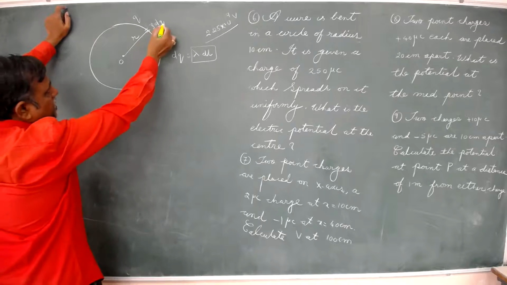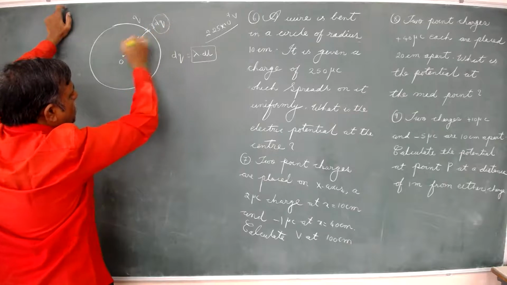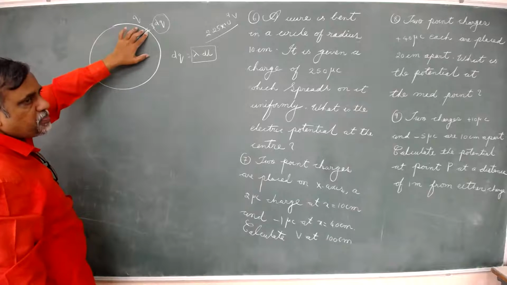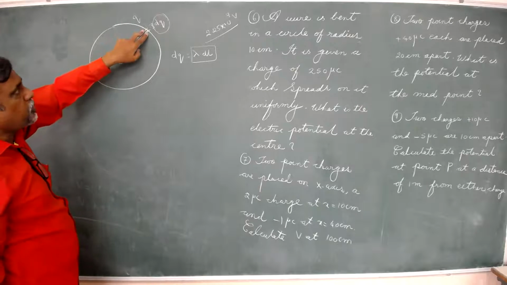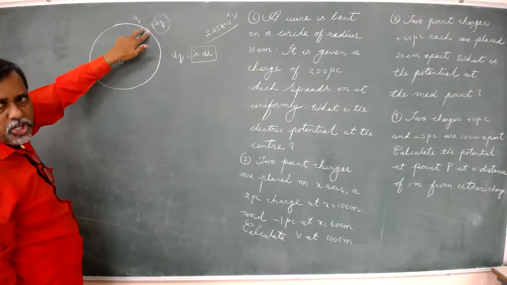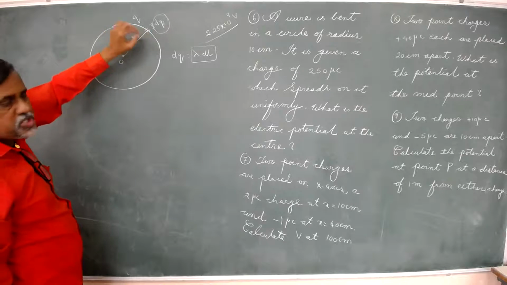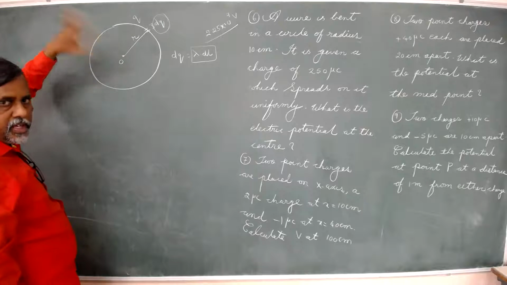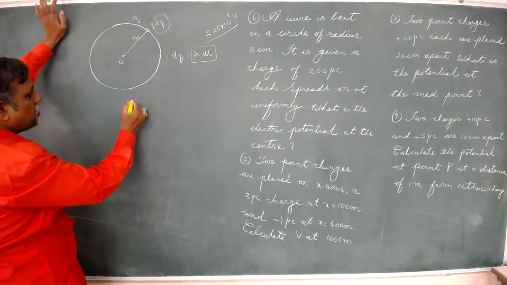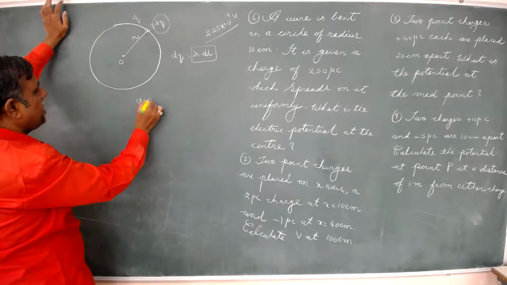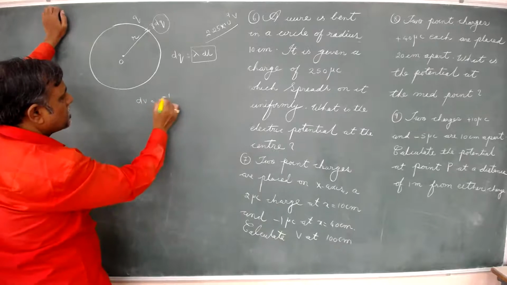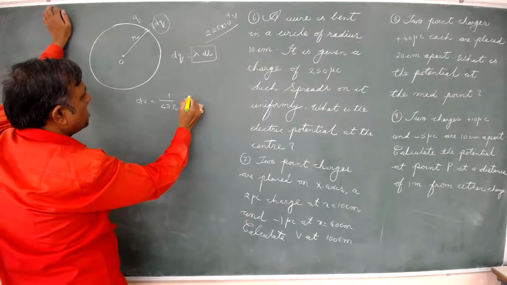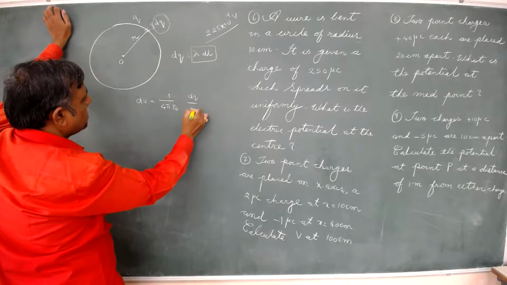Now with respect to this dq amount of charge, what will be the potential at this point? You have to look at this dq as a point charge. Such point charges, how many are there on the entire ring? Infinite. So the electrostatic potential due to that is dV, small elemental potential, 1 by 4 pi epsilon naught into dq by r.